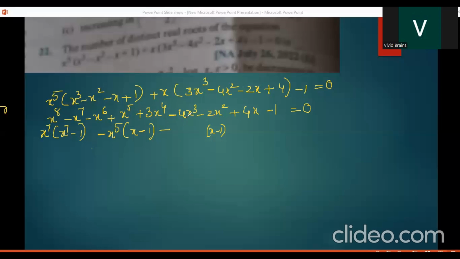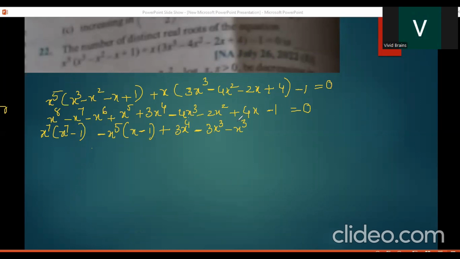If I have minus 3x^3, then I can take 3x^3 out so that I get x minus 1 as common. So I split minus 4x^3 as minus 3x^3 and minus x^3. And in the same manner, I am going to write this minus 2x^2 plus 4x also.